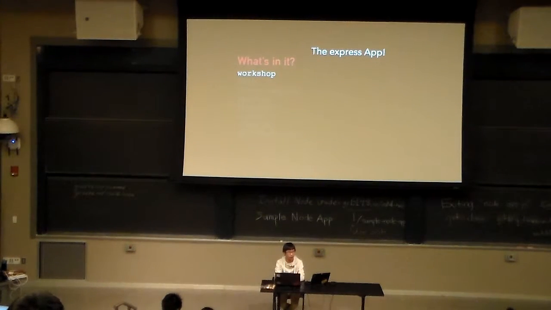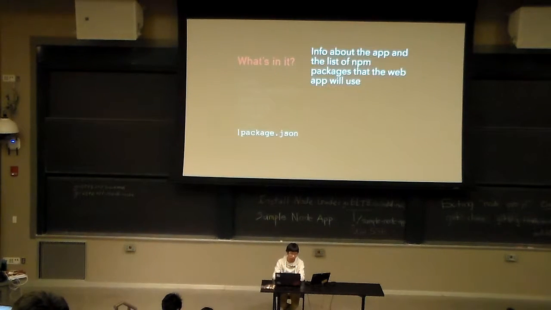First of all, we have our Express app, the workshop, right? And then inside we have a file called package.json. You guys can just follow along. This package.json file basically has the info about the app and the list of npm packages that your web app will use.